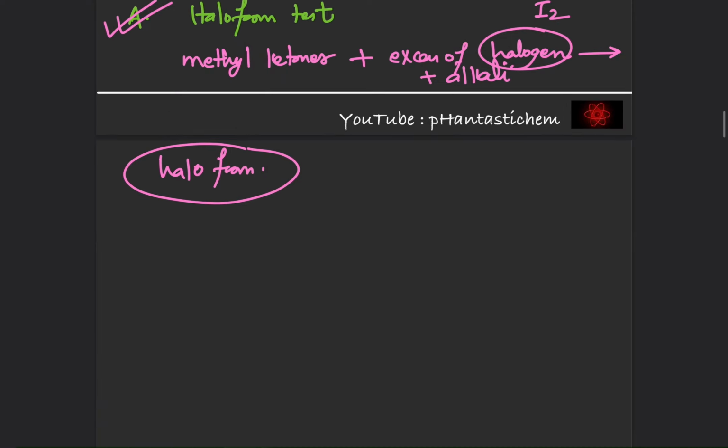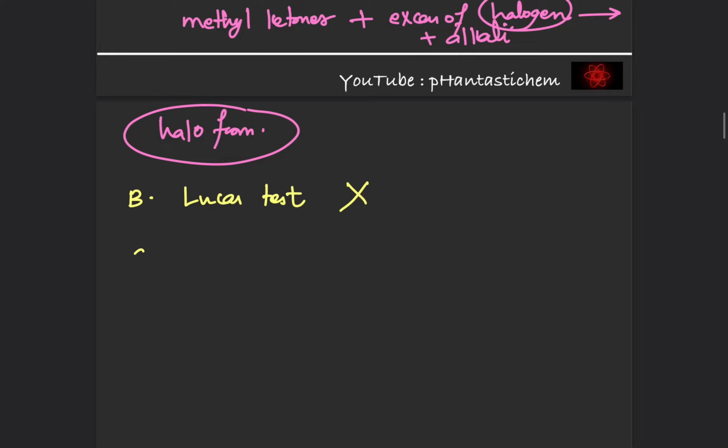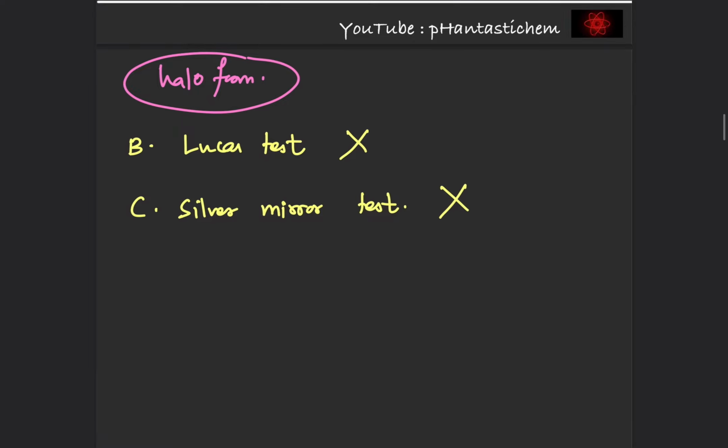Coming to option B, we have Lucas test. Lucas test is used to differentiate primary, secondary, and tertiary alcohol. So therefore, this is not correct. Option C, we have silver mirror test. Silver mirror test is used to identify aldehydes, both aliphatic and aromatic. So therefore, this is not the correct answer.